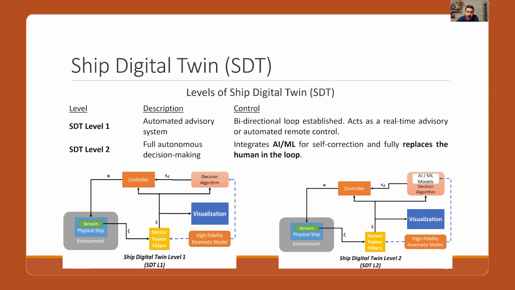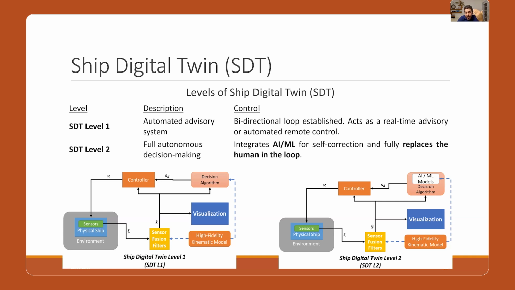You see, this is given by the first arrow here. And the second is it acts as the training environment for the AI agent during its reinforcement learning process. You see, there's an arrow going back to the AI ML process. So AI ML models are not born with zero knowledge. They are first trained with high-fidelity kinematic models to the highest degree.